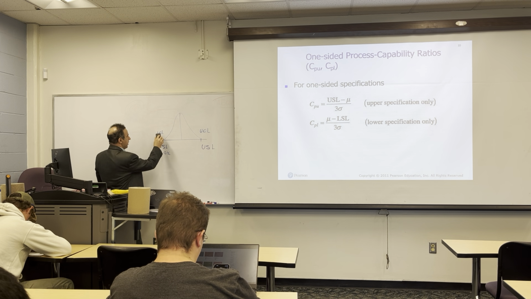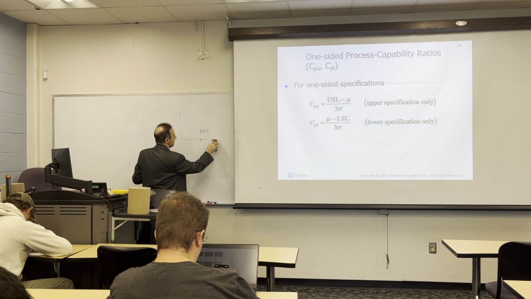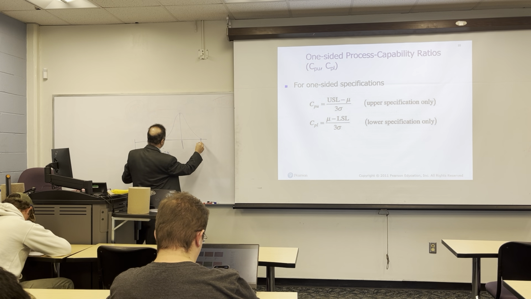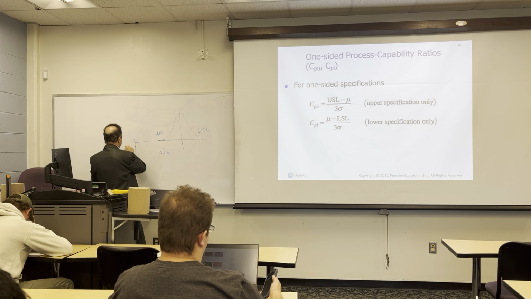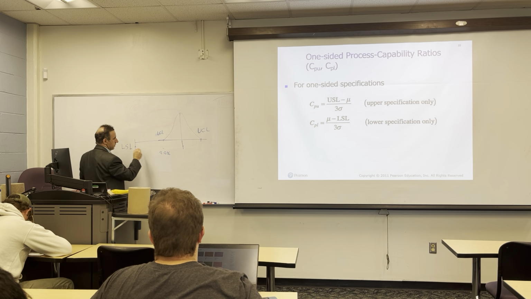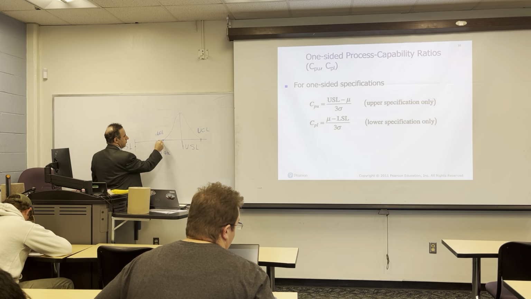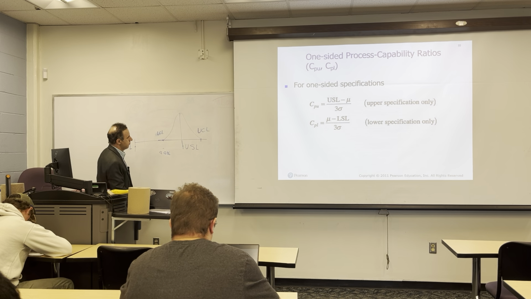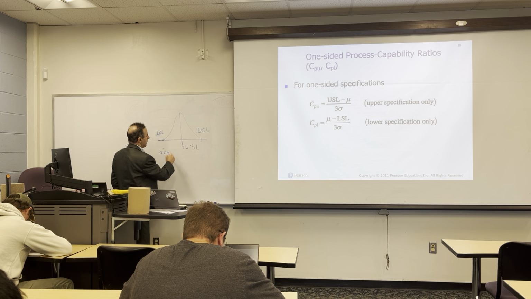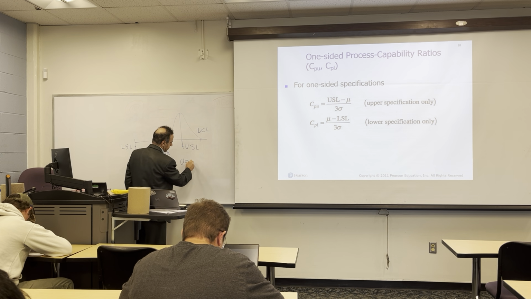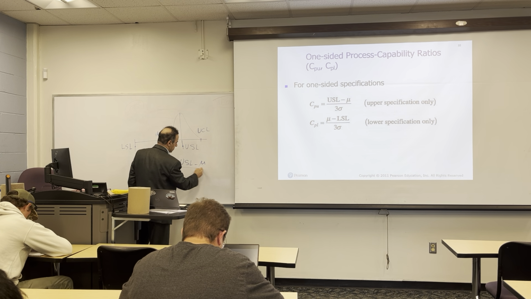So this is when we have UCL, LSL, USL. You see, USL minus average, divided by 3 sigma.